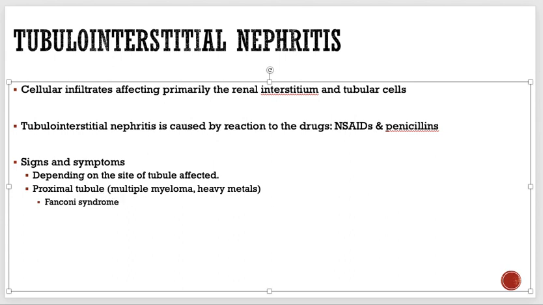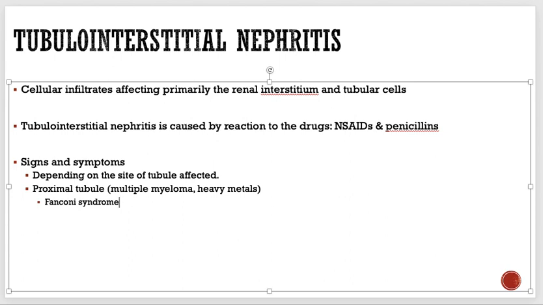The proximal tubule cannot absorb anything, and it is the site where most of the absorption of all the things I told you about takes place, even glucose, amino acids, and sodium.